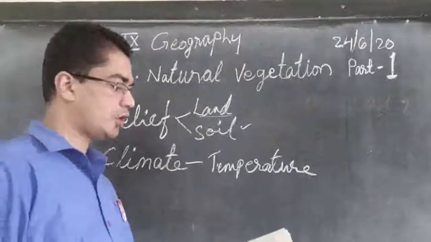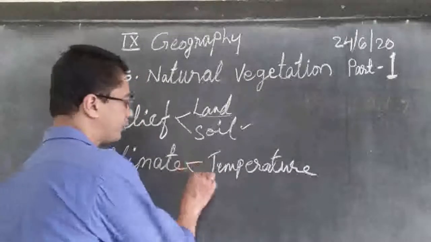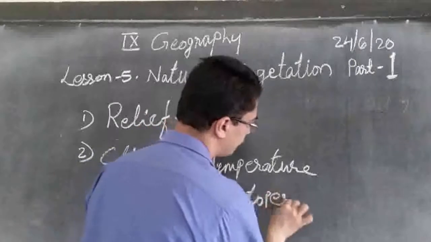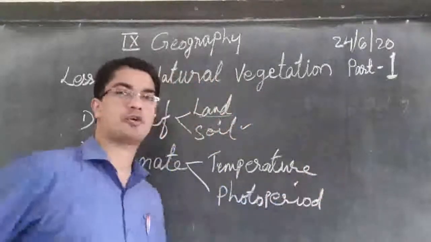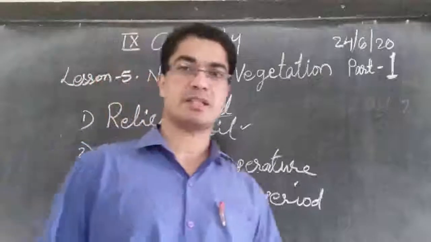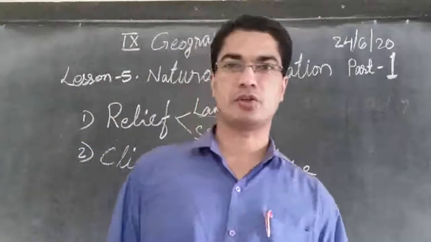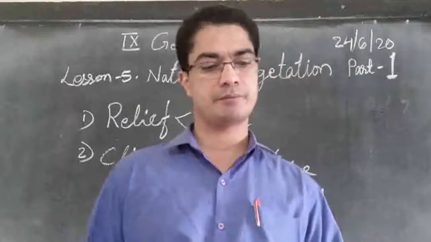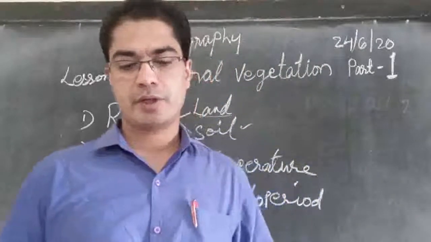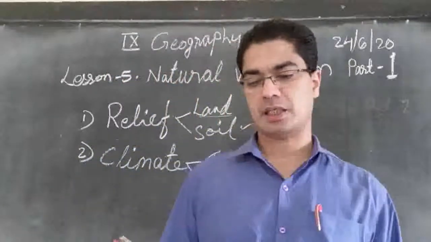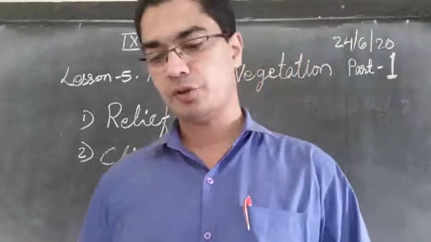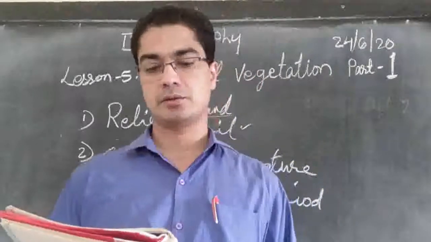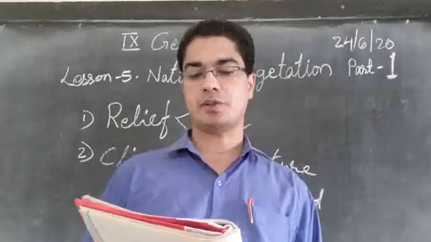Then the second one is photoperiod. Photoperiod means sunshine, how much sunshine they receive. That also determines the growth of the trees. The variation in duration of sunlight at different places is due to difference in latitude, altitude, season, and duration of the day.